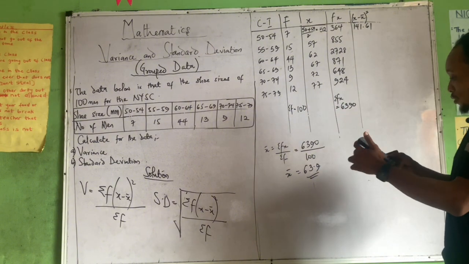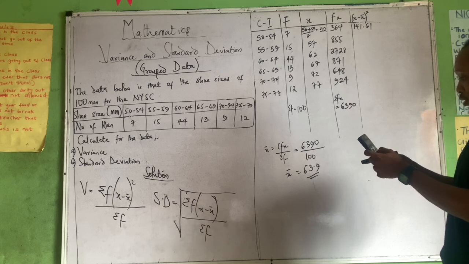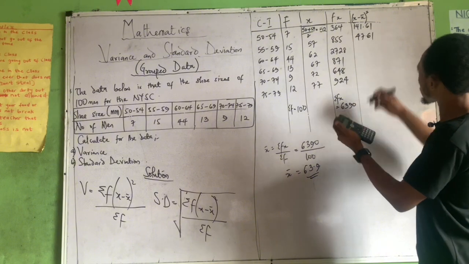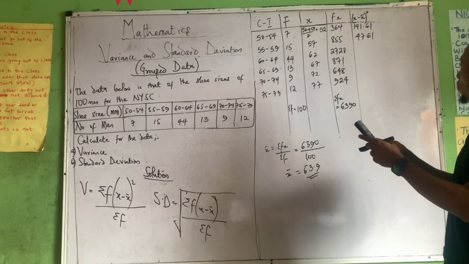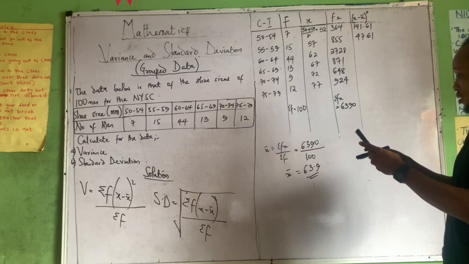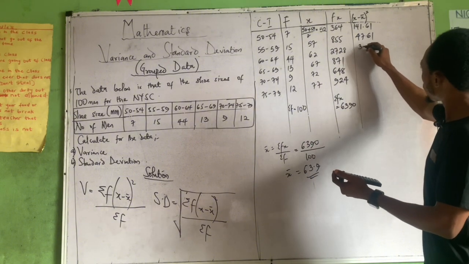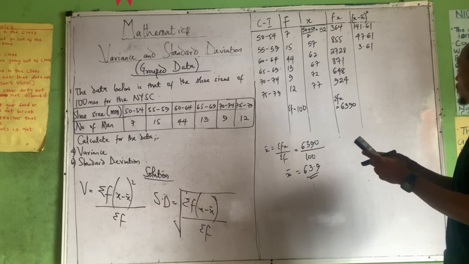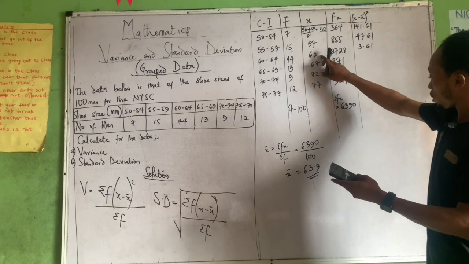That'll be 141.61. 57 minus 63.9 squared, that'll be 47.61. 62 minus 63.9, oh, I didn't square this one.